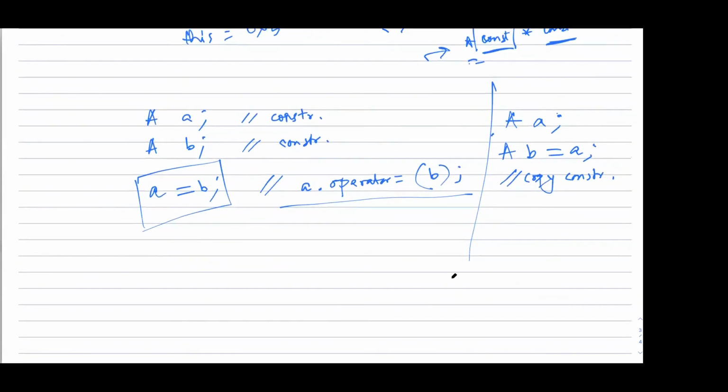Will the default constructor be invoked for B, or only the copy constructor? It is called copy constructor, right? It is constructed through copy.